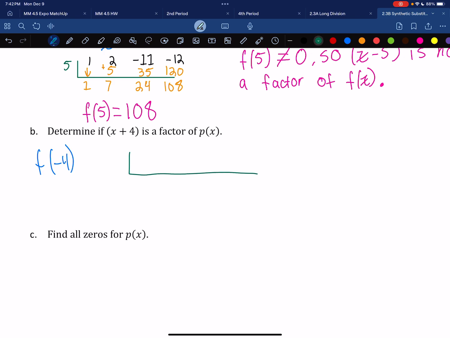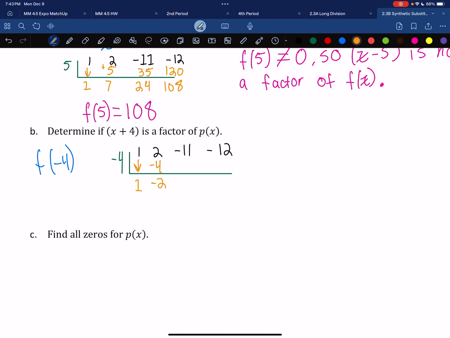And we would set it up the same way. I have negative 4 on the outside now instead of the 5. Then 1, 2, negative 11, negative 12. Bring down my 1. Negative 4 times 1 is negative 4. 2 plus negative 4 is negative 2.